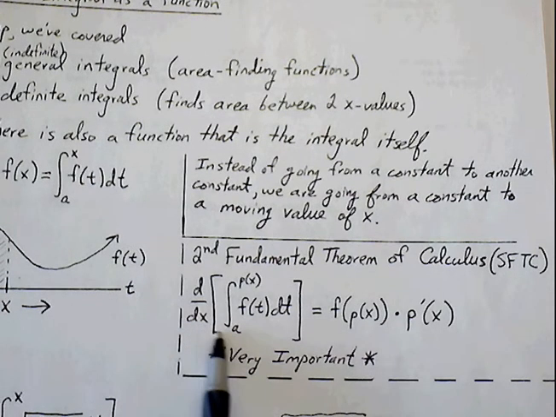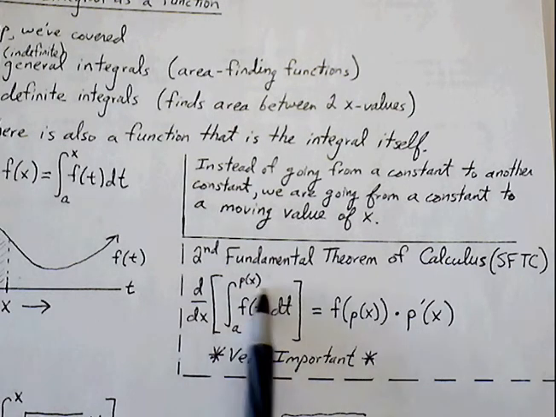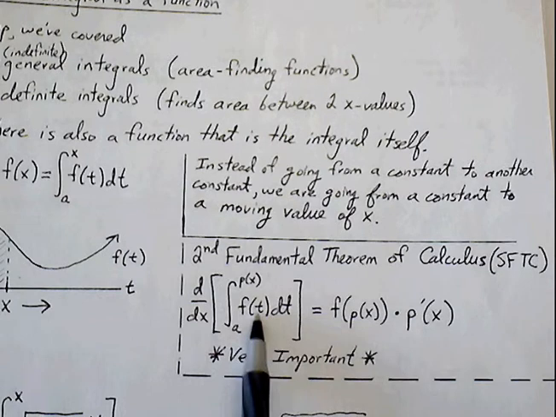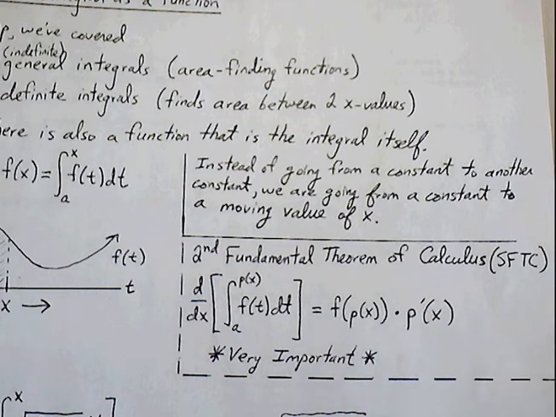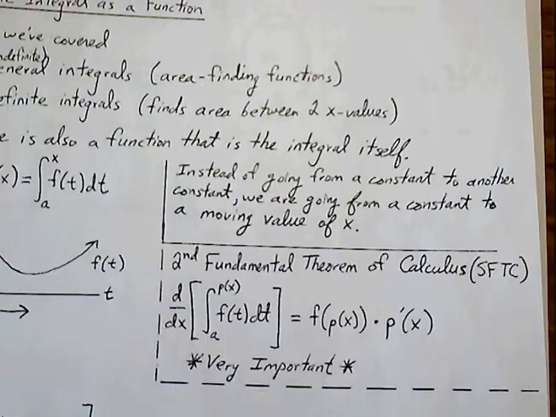So really when these cancel out, we're just left with f of t. However, because one of the bounds is a variable, that's going to affect a bit what this derivative ends up giving us.